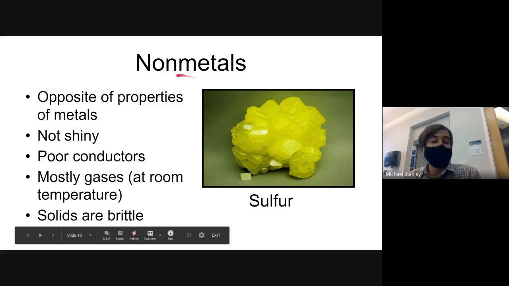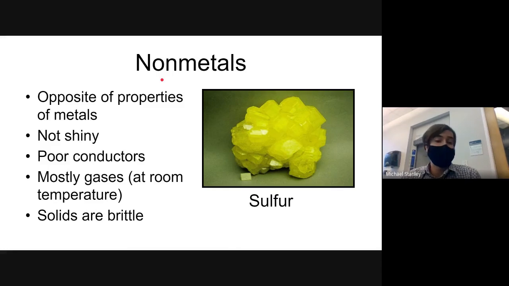So when you think about non-metals, I want you to picture basically a rock. A rock is a great example of a non-metal. It's not shiny. It doesn't really get hot if you heat it up or conduct electricity. The one downside of imagining a rock is that a rock is not gas, but a lot of non-metals are gas.